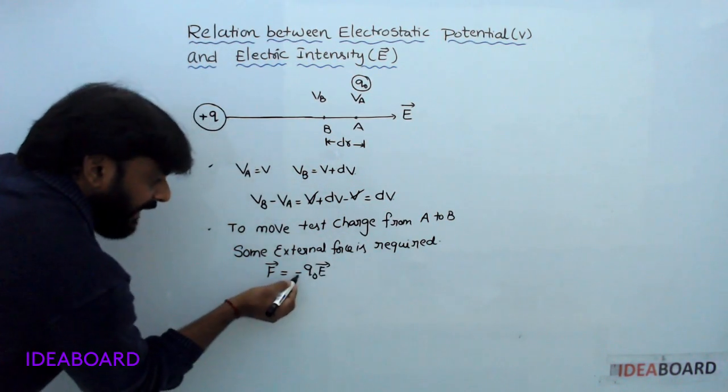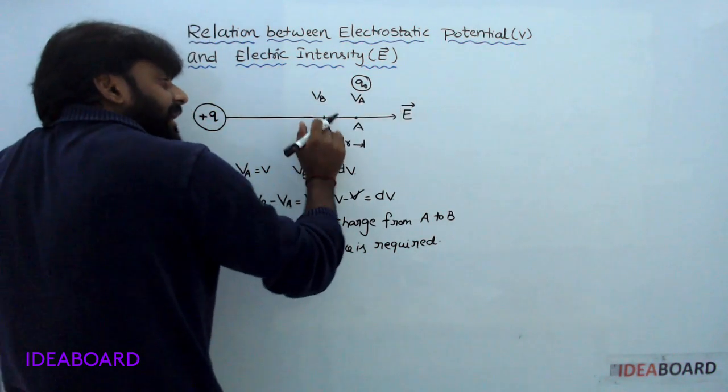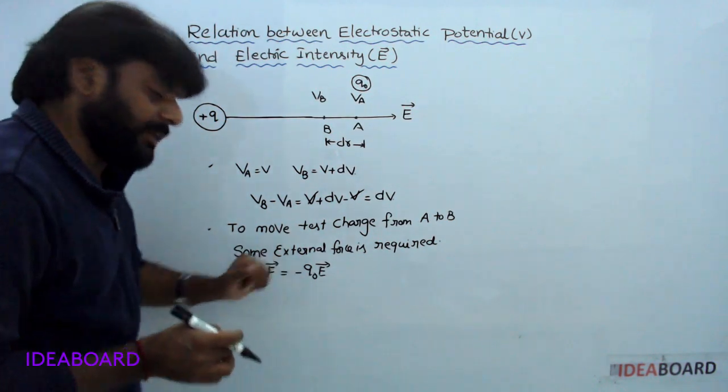Why did I take minus? The applied force direction is from A to B, but the field direction is B to A. So minus Q naught into E bar.